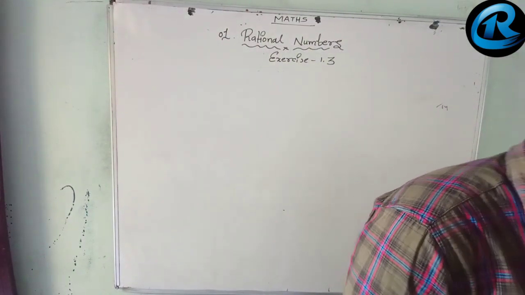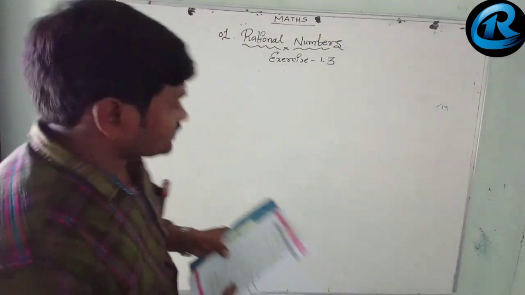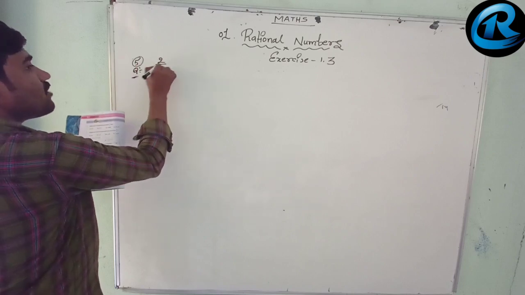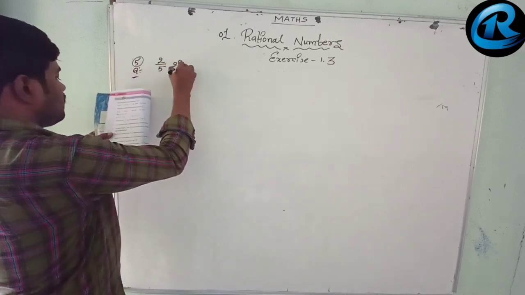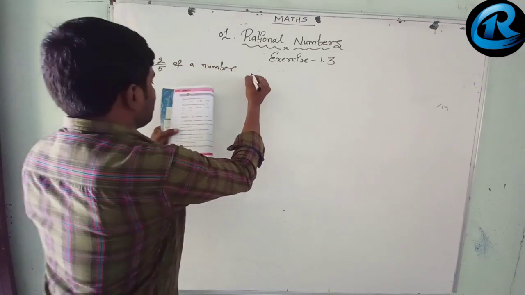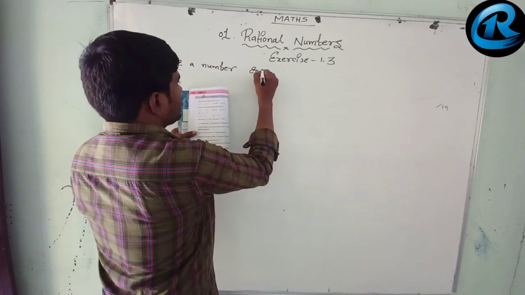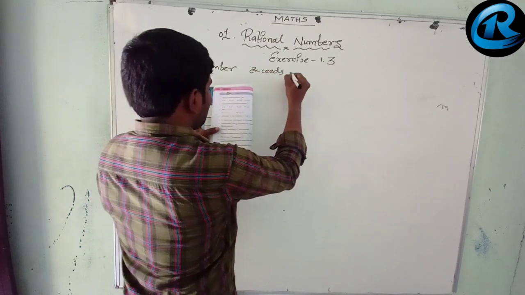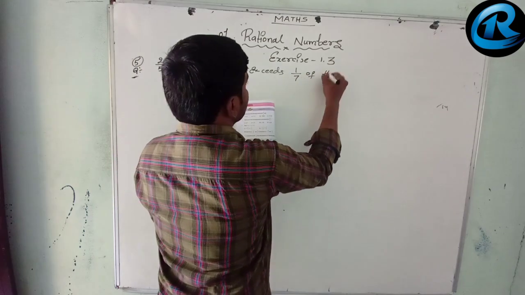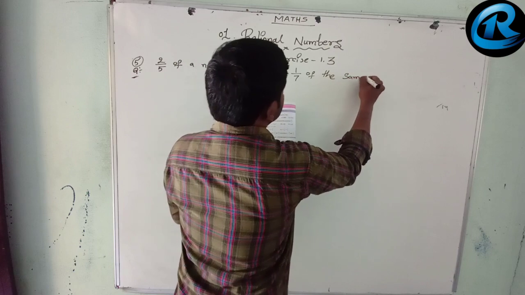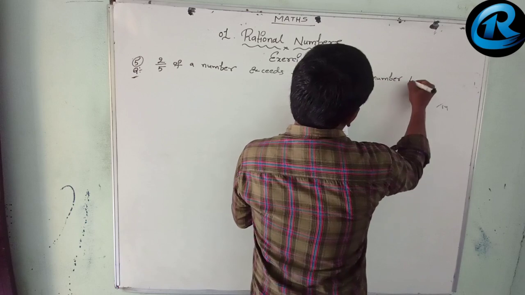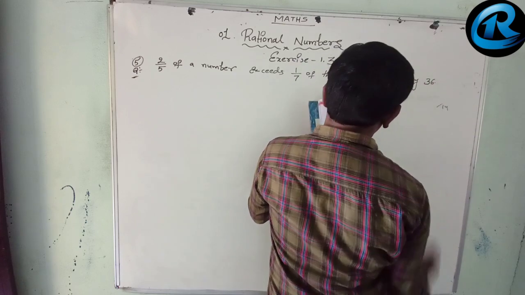Then 2 by 5 of a number exceeds 1 by 7 of the same number by 36.